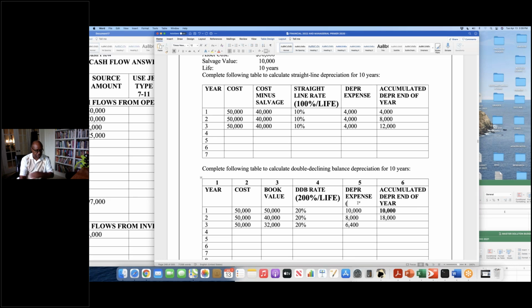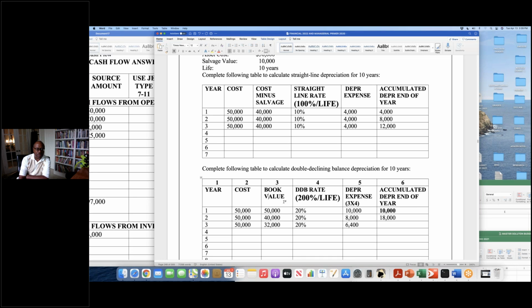Book value times 20%. Column 3 times column 4. So to get the amount here, we are simply multiplying whatever's in column 3 by this percentage in column 4.